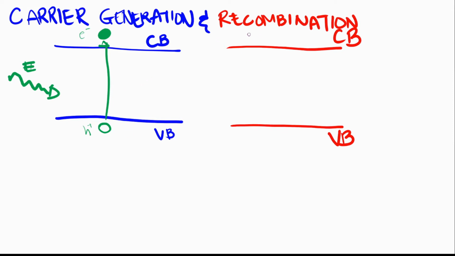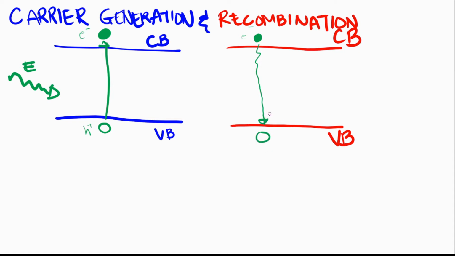Meanwhile, in recombination, what happens is that your electron will be trapped, or we are removing a free charge carrier from our system. The most important example of this is the recombination of our electron here. It will go down in energy to a hole here.